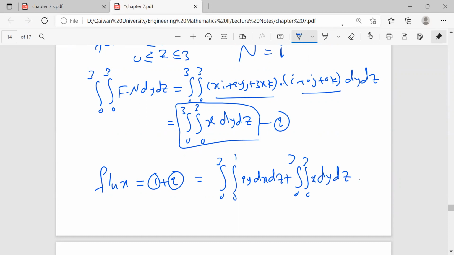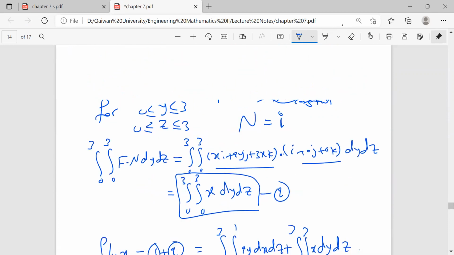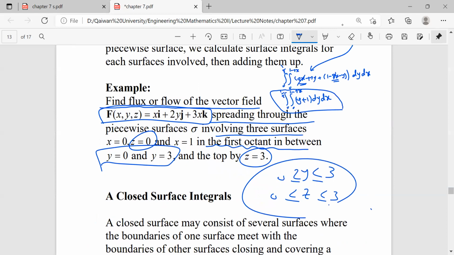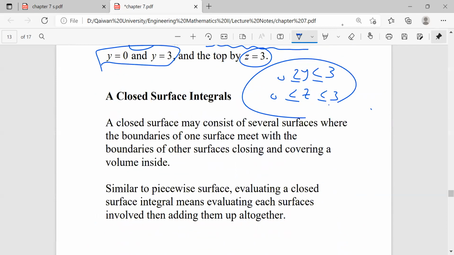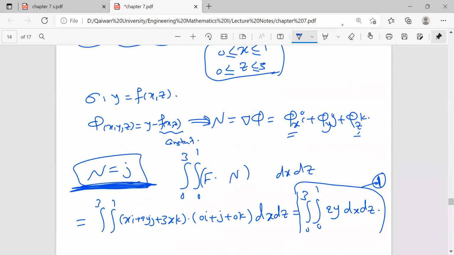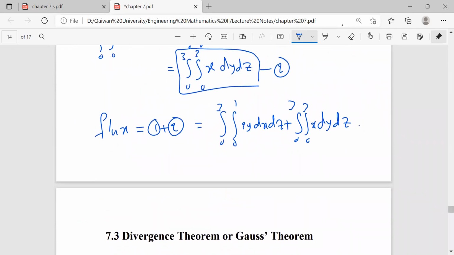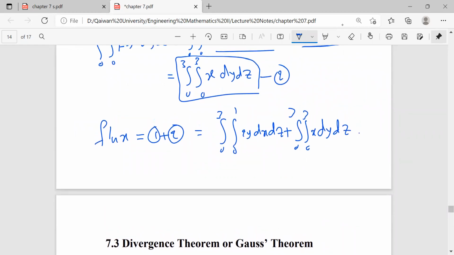Find the sum of these two double integrations. It's easy to find. Okay, so the most important thing here is to know that if the surface is piecewise, that means you have more than one double integration. You find the sum of all of them. You find the sum of the double integrations, which will be the flux of the vector field over the piecewise surface. Okay. Do you have any question?